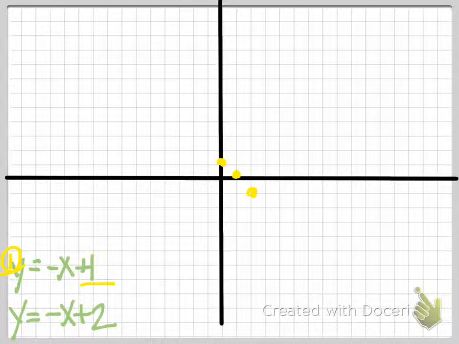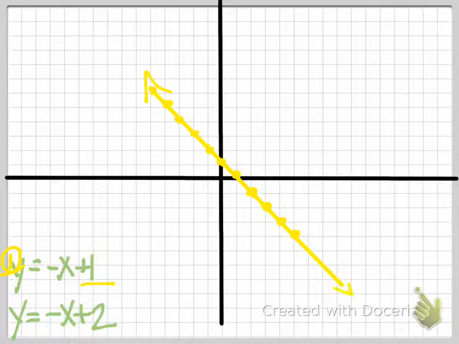Down 1, over 1, down 1, over 1, down 1, over 1. Okay, and we'll draw our line. And here we have it. Okay, so here's the line for the first one.